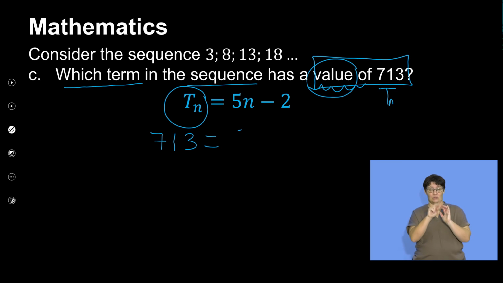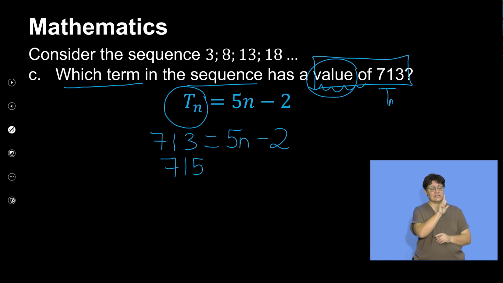And I'm going to equate that to 5n minus 2. Luckily, this is something that everybody has seen before. We are going to solve this as a linear equation where we are isolating n. I'm going to take my 2 over to the other side. So I'm going to have 715 is equal to 5n. Then to get n by itself, I'm just going to use my calculator.